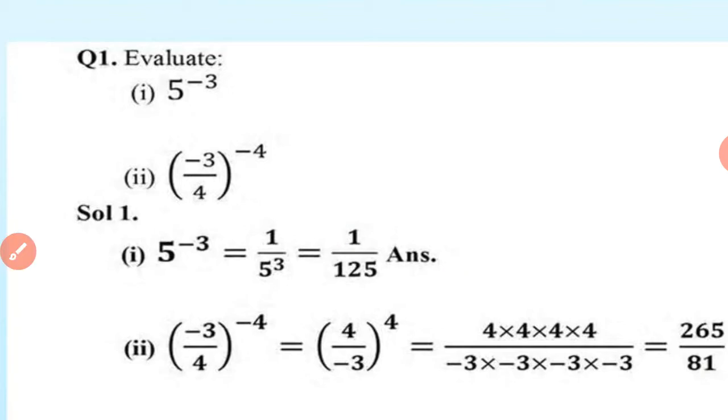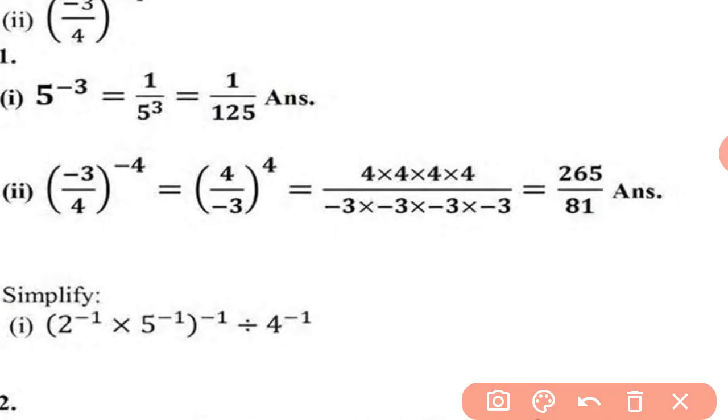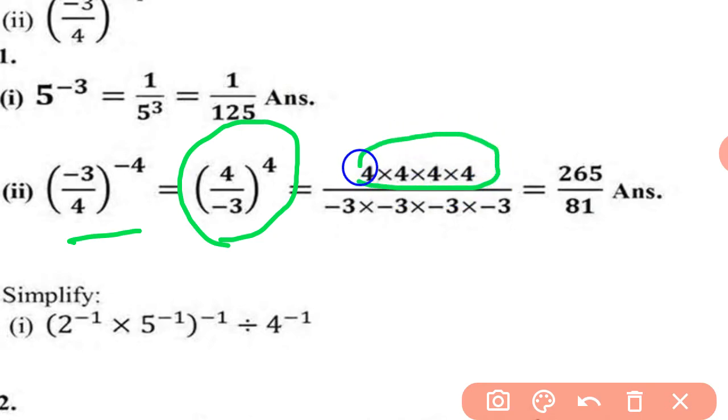Now similarly, see its second part. In the second part we have (−3/4)^(−4). Here when we take the reciprocal, it will become (4/−3) and the power will be 4. After solving it, we can write it as 4×4×4×4 upon (−3)×(−3)×(−3)×(−3). When we multiply all these 4s, it will become 256, and when we multiply all these −3s, it will be 81.